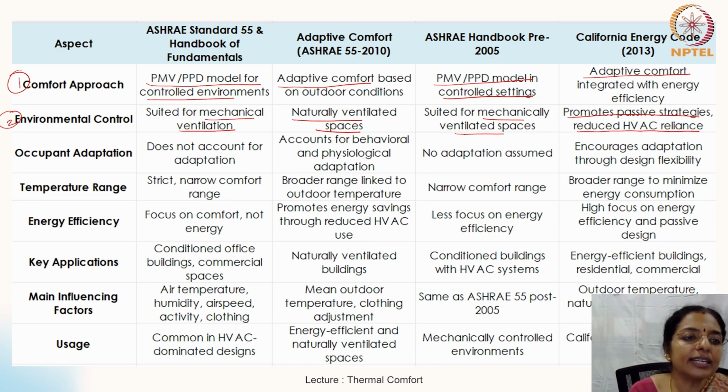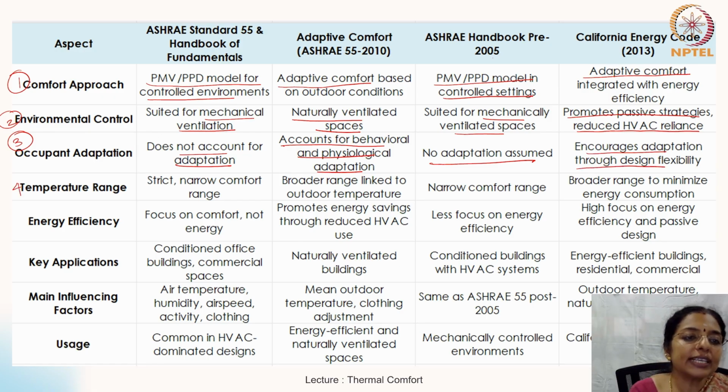Third is occupant adaptation. The ASHRAE Standard 55 does not account for adaptation. Similarly, the pre-2005 also has no adaptation assumed, whereas adaptive comfort accounts for behavioral and physiological adaptation, just like the California Energy Code, which encourages adaptation.